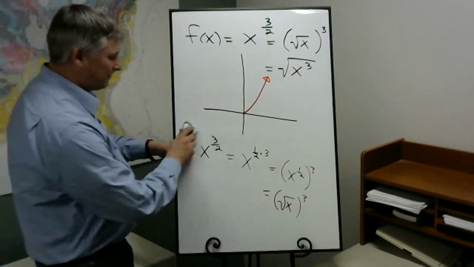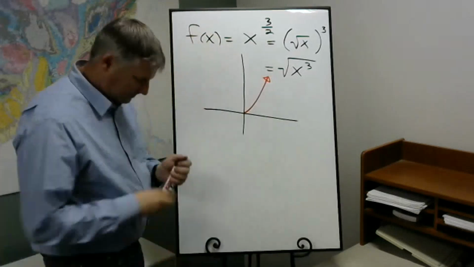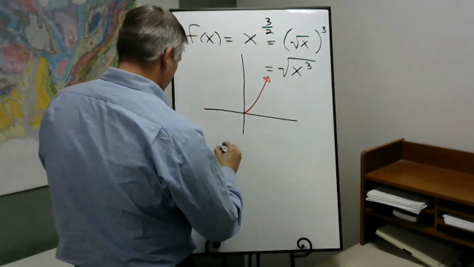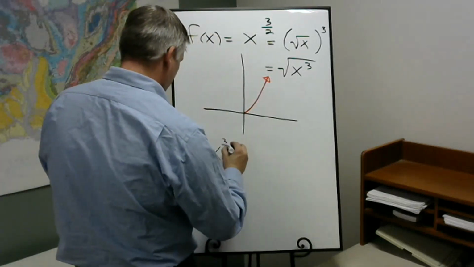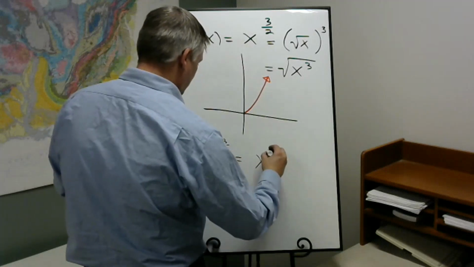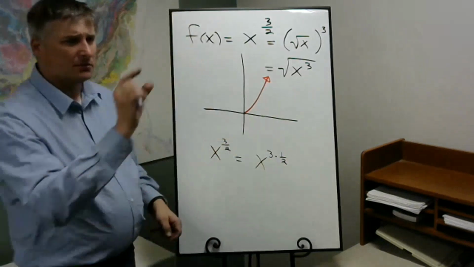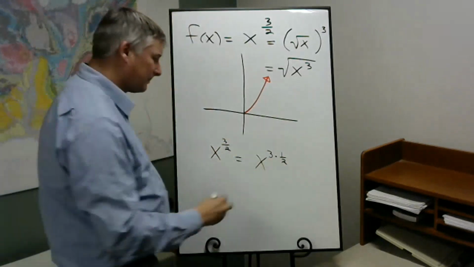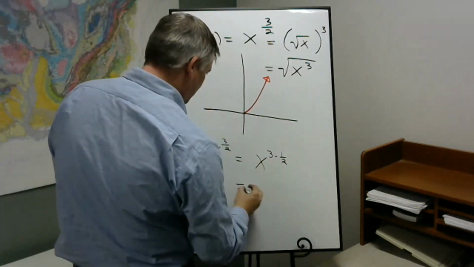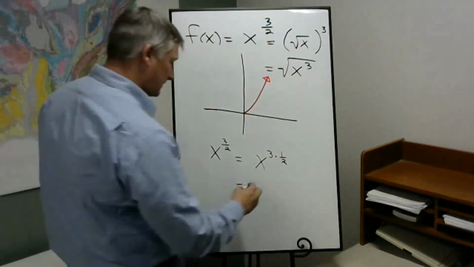The other way, well, multiplication's commutative, so the order doesn't matter. So we could have this 3 times 1/2 instead of 1/2 times 3.